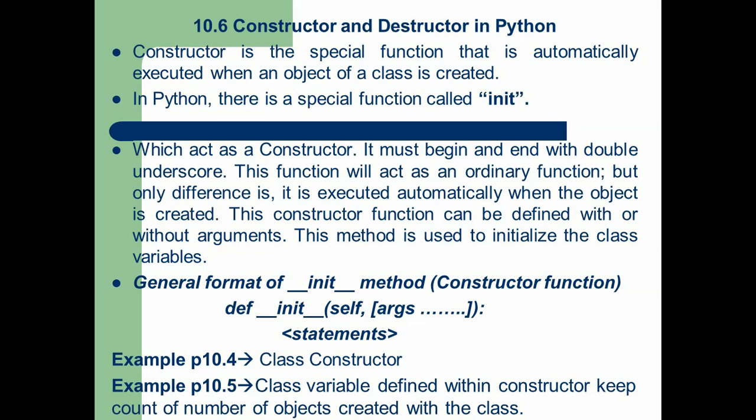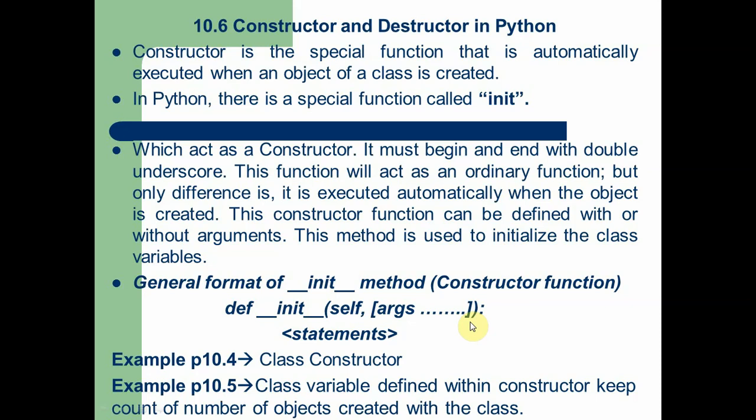So init is the default constructor name. Here you can see def, space, double underscore init double underscore. After that we mention the arguments for the constructor, if you want to send any argument to the constructor. Self is the default argument for any function, of course we already know. After that we can mention the statements within that init constructor.